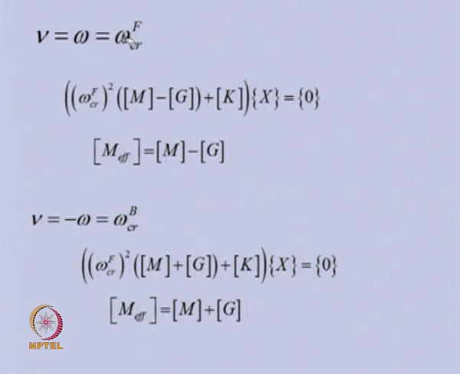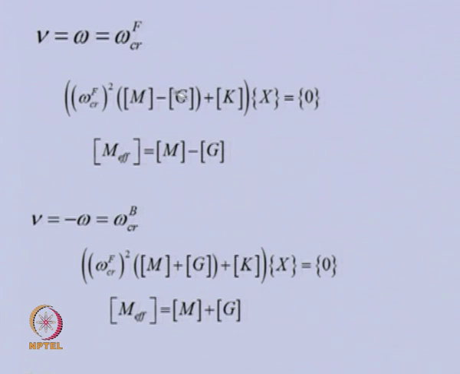If we substitute this expression in the previous equation, that can be arranged like this, because m was having nu omega square, so we now have omega critical f square. g was having nu into omega, now they will make a term of omega critical f square.